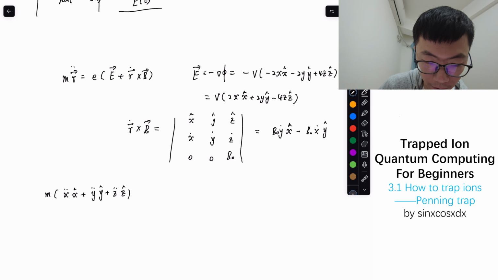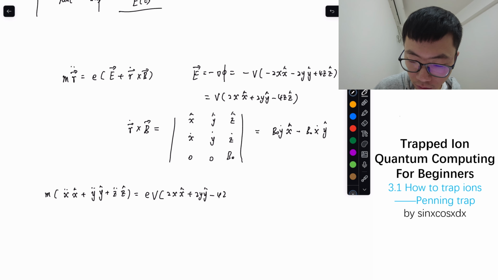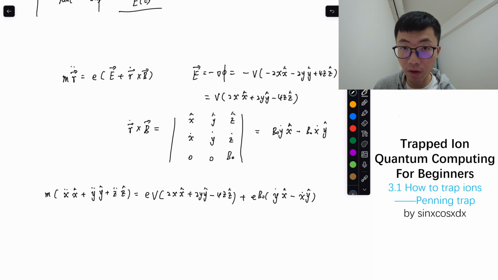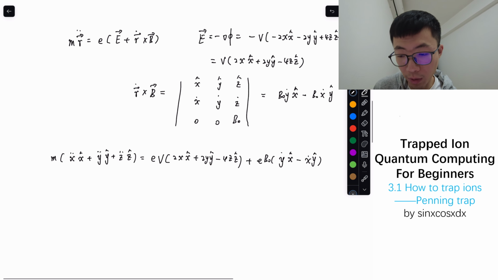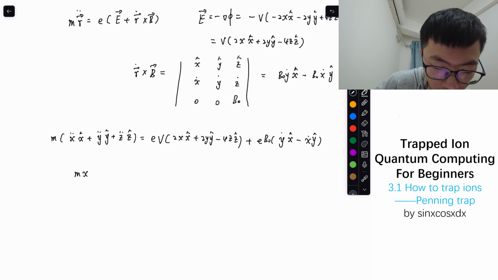And we have this, with the electric field terms 2x, 2y, minus 4z, and B0 terms. For every single axis this equation would be correct, so we have three equations, one in each axis.